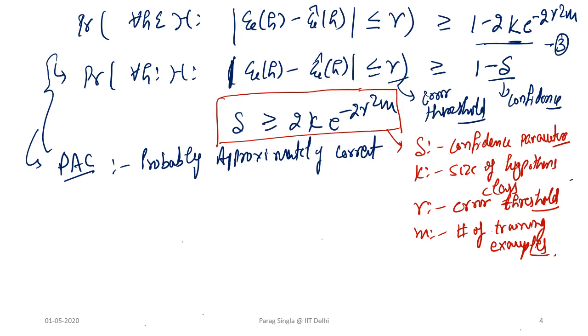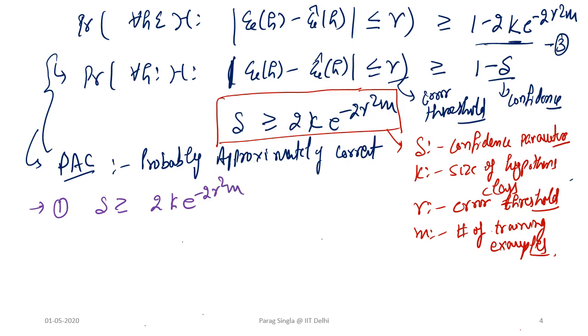So for example, one way to write this is exactly the way we have written here: to get a certain PAC bound, the probability of, for all hypotheses, the difference between the generalization and the training error being less than or equal to gamma, being more than 1 minus delta, will hold if our delta is greater than or equal to 2k e to the minus 2 gamma square m.